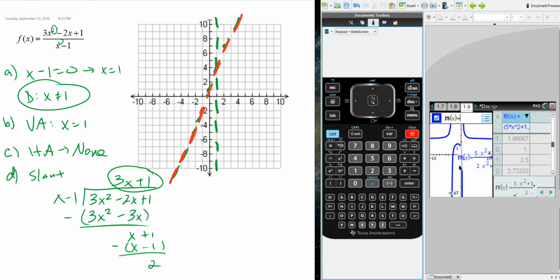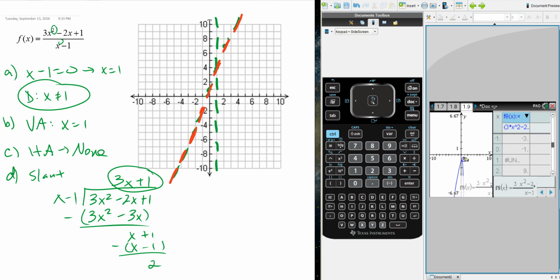Clear that graph, and I'm going to type in a new one, 3x squared minus 2x plus 1 over x minus 1. I look at the table, and there's some weird stuff going on here.